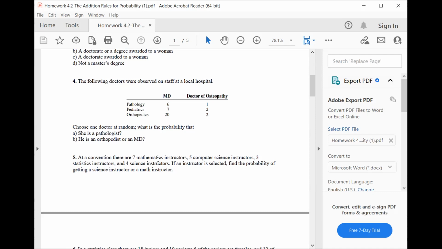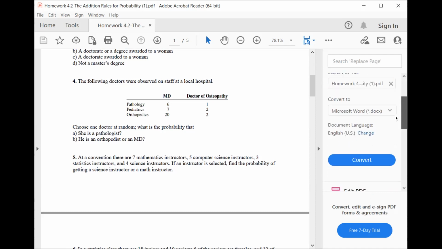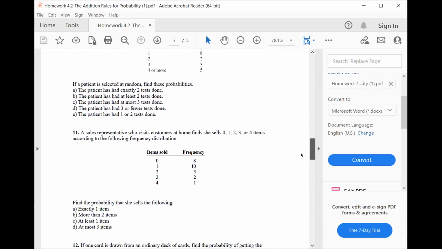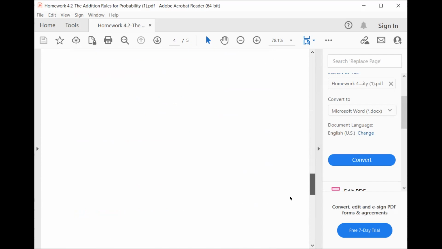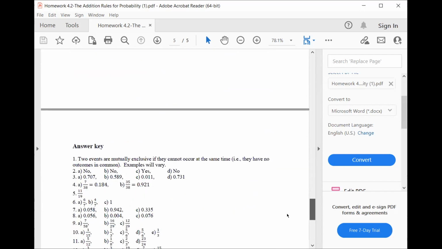And 4 plus 7 is 11, and we have a total of 19. So with any good fortune, I think that's what she wanted. She was just looking for these to be excluded.